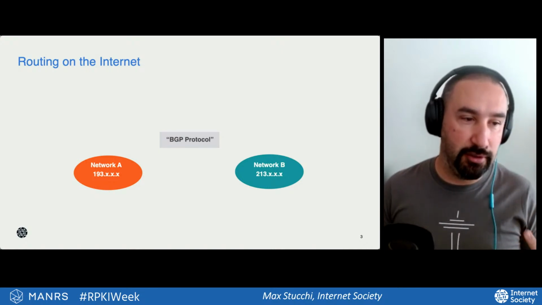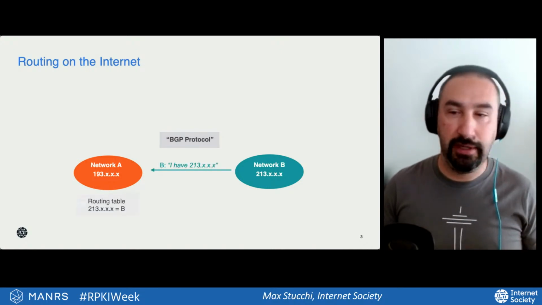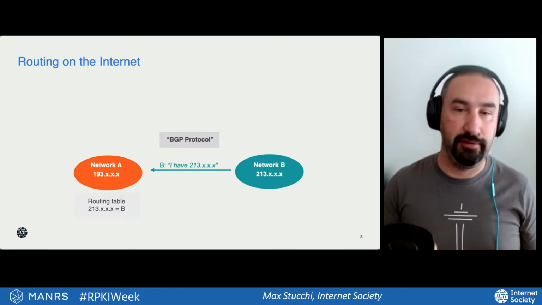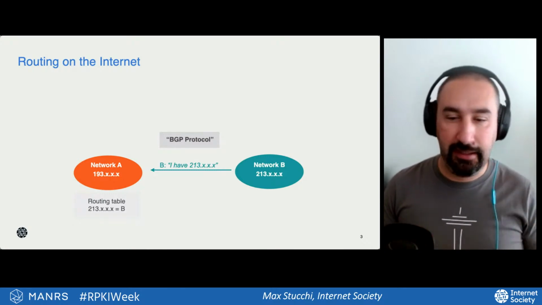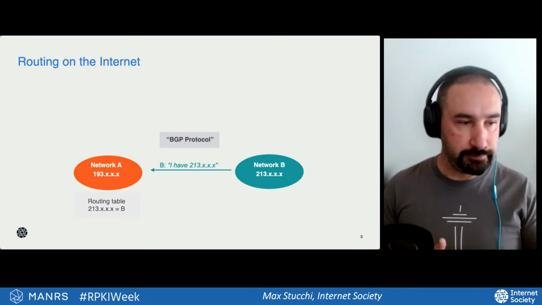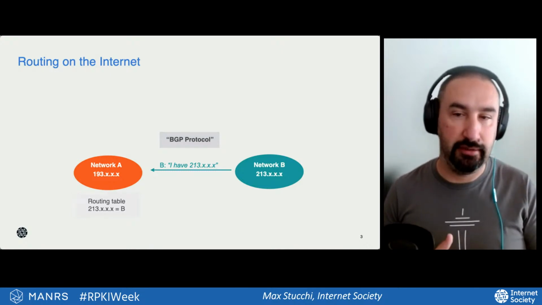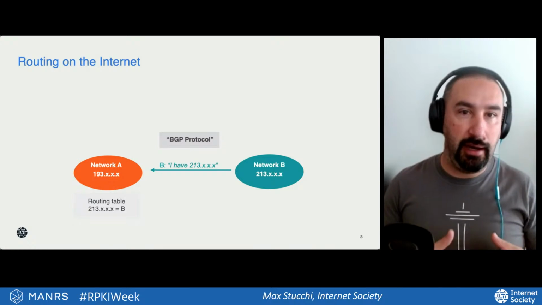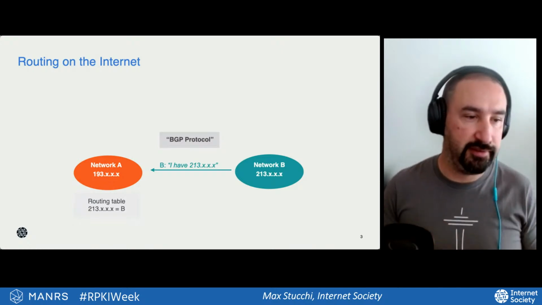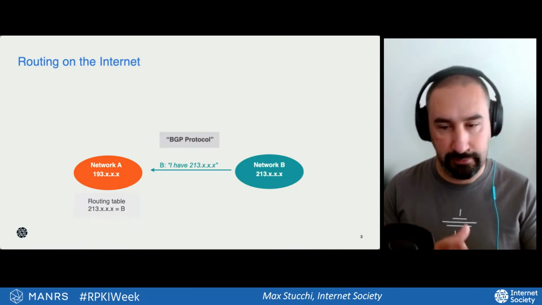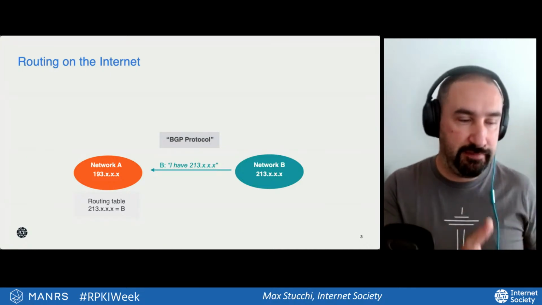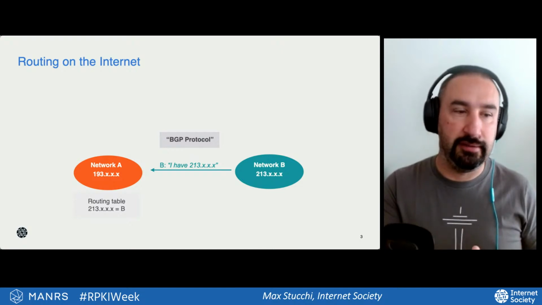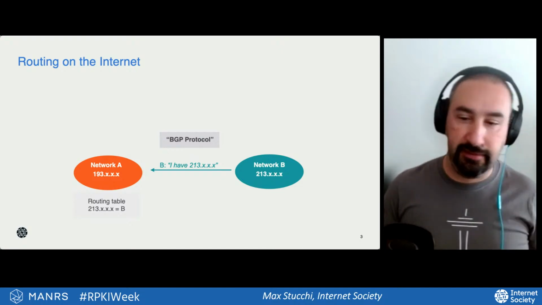And its goal is to basically create what are called announcements or BGP updates. In an update, you tell other networks what your prefixes are. So you say, I have this network, in this case, it's 213.xxx, and the other networks receive this announcement and install that in the routing table.